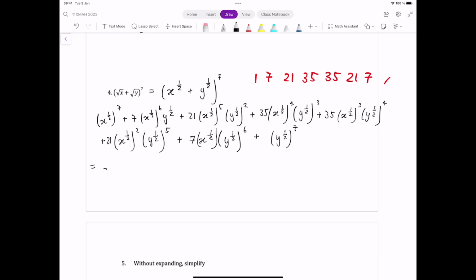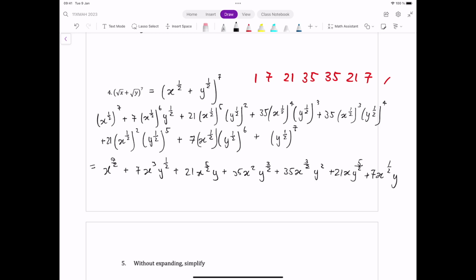And we're just going to simplify that. So x to the power of 7 halves, plus 7 x to the power of 3 y to the power of a half, plus 21 x to the power of 5 on 2 y to the power of 1, plus, and I'm just raising a power to a power, 35x squared y to the power of 3 on 2, plus 35x to the power of 3 on 2 y squared, plus 21x y to the 5 on 2, plus 7x to the half y cubed, plus y to the power of 7 on 2.